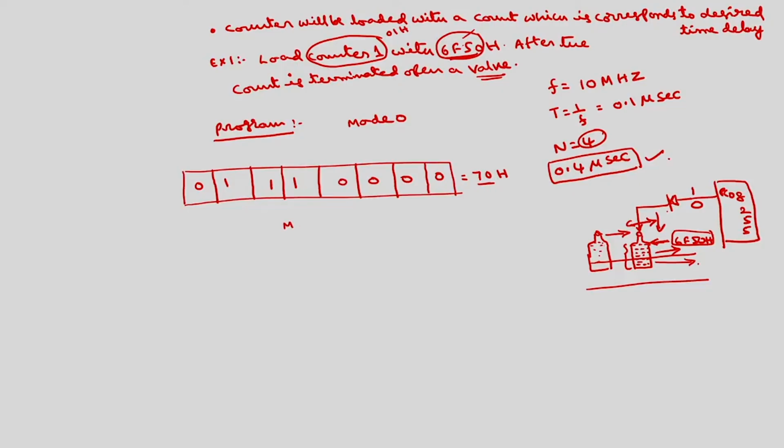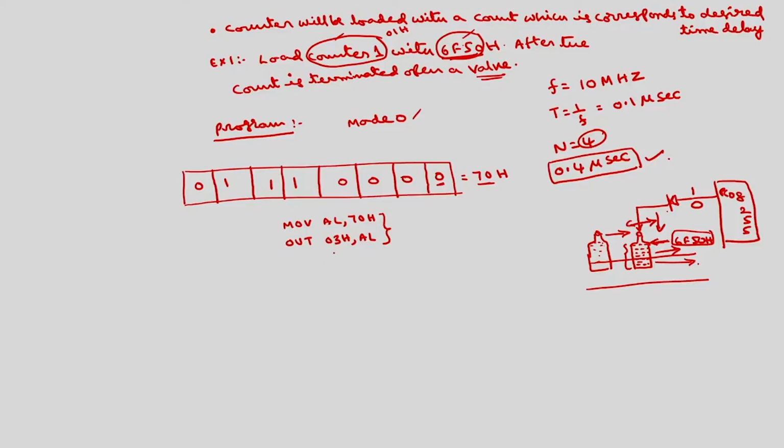MOV AL, 70H. OUT 03H, AL. This 03H is the address of control register. So with these 2 instructions, counter 1 will be selected in mode 0 for 16 bit count. Okay. And this is binary counting.